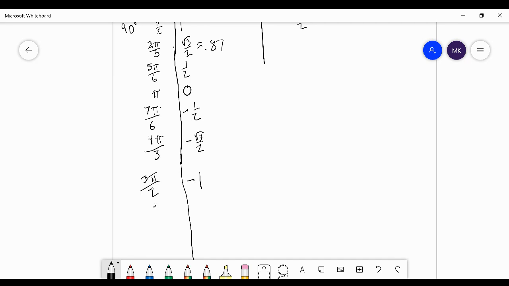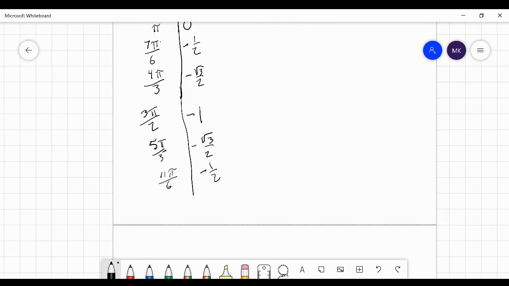What about 5 pi over 3? That's almost all the way around, and it's also negative root 3 over 2. 11 pi over 6 just gives us negative 1/2.